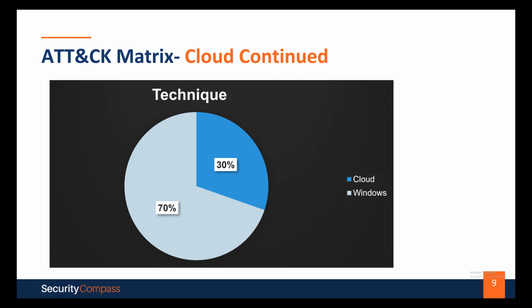It most likely means that even though this is a new matrix, you are probably already applying or thinking about the techniques, the TTPs associated with the cloud matrix in some form or fashion in other domains, in this case, your Windows domain, with 30% being unique techniques to the cloud environment. So what does that mean?